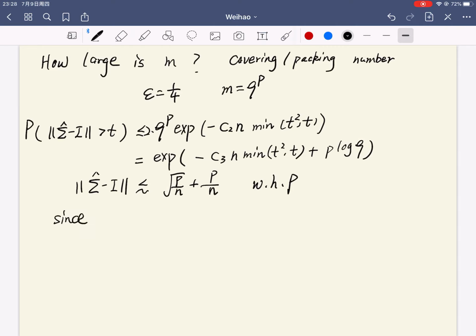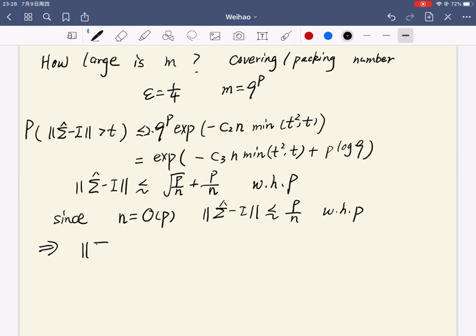Since in our assumption the dimension is larger, then the second term in the rate dominates its square root version. Then we have the rate P over N with high probability.